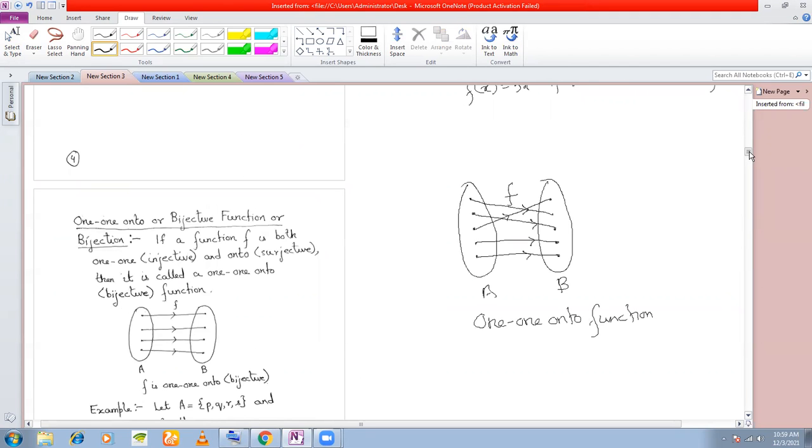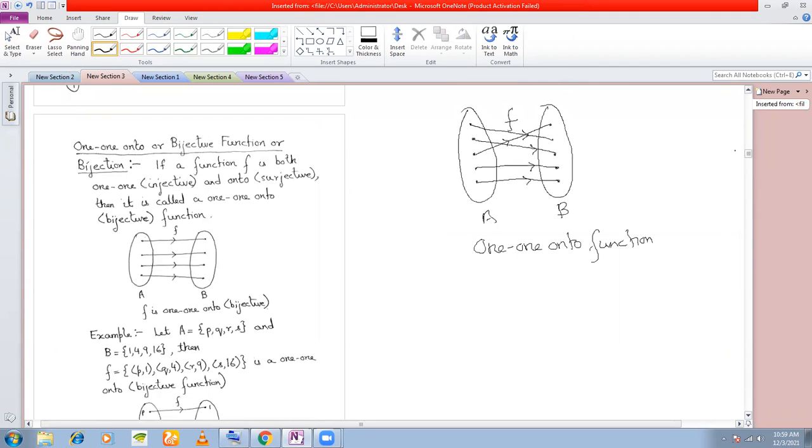And last year I was also talking about what the mapping looks like. Now, if you see the mapping here, this is a one-to-one onto function. See, each element here in A has been mapped to an element in B, and it is not that two or more elements in A are mapped to any single element.